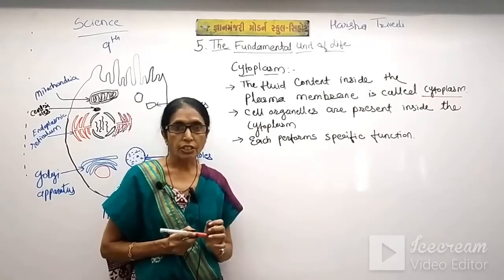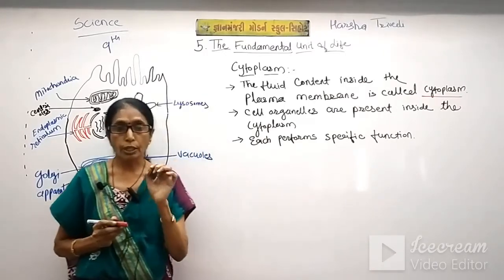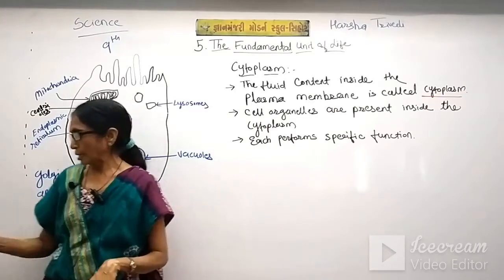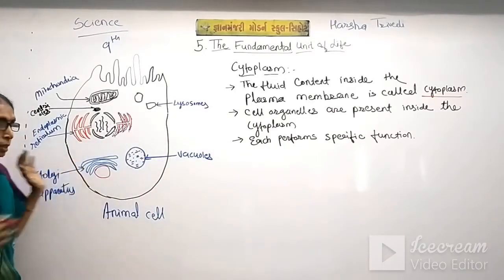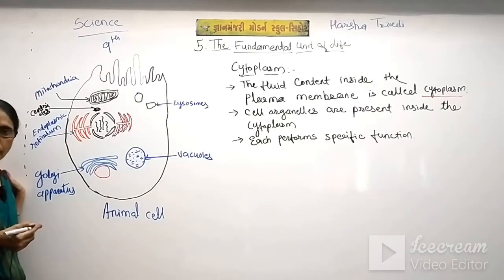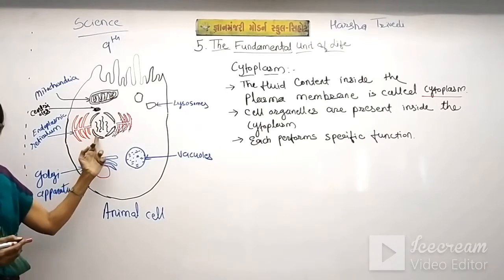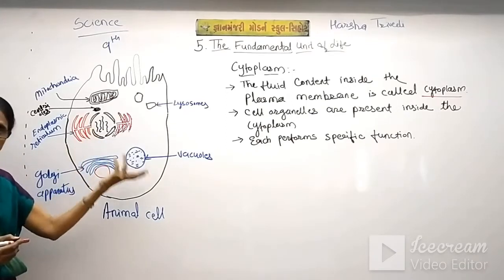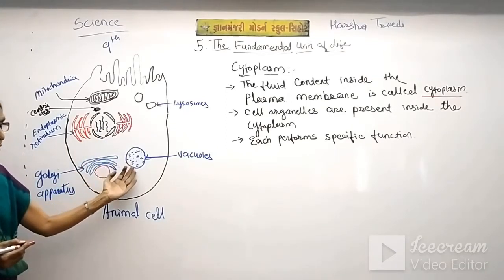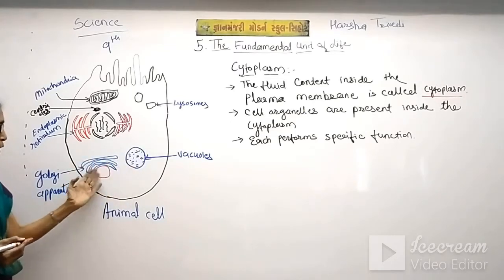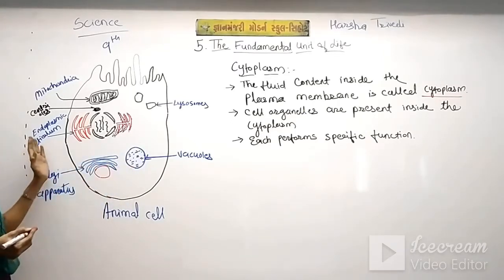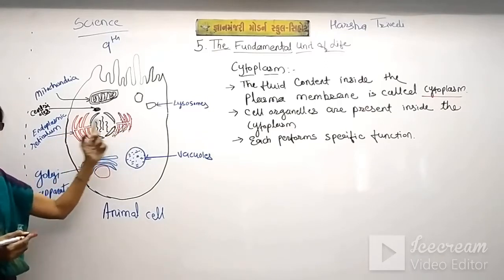Here I have drawn a typical animal cell. This is the cell membrane. This is the nucleus. We have already drawn it in the previous period. This is the vacuole. These are the Golgi apparatus. Endoplasmic reticulum on both the sides.